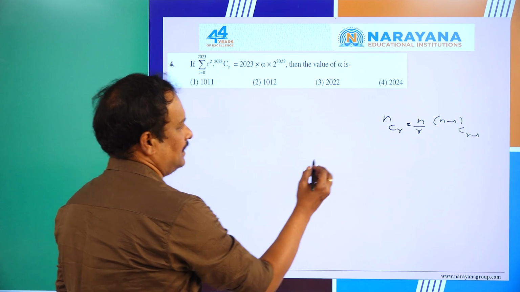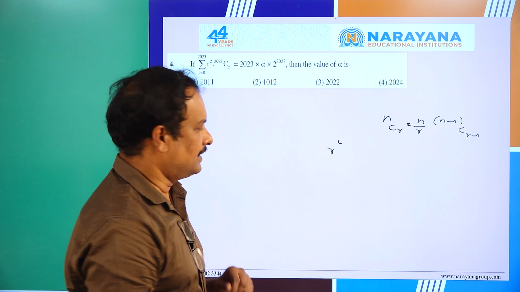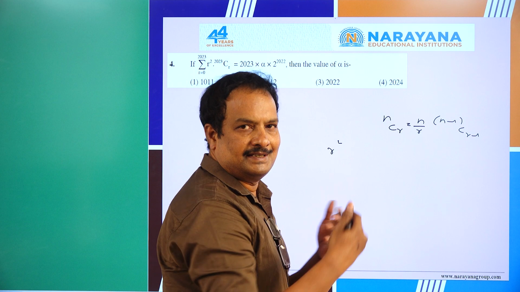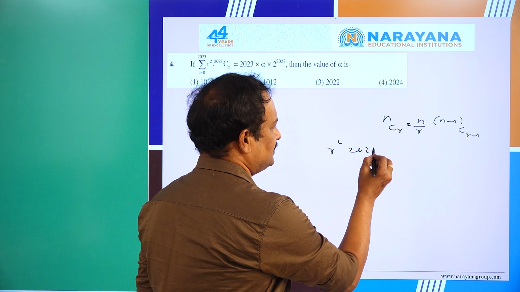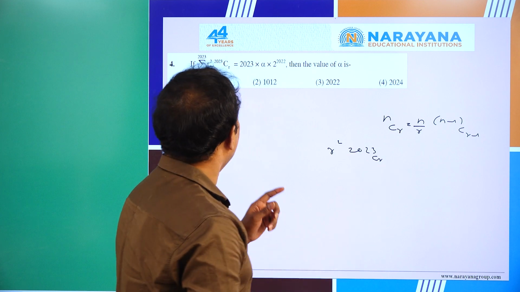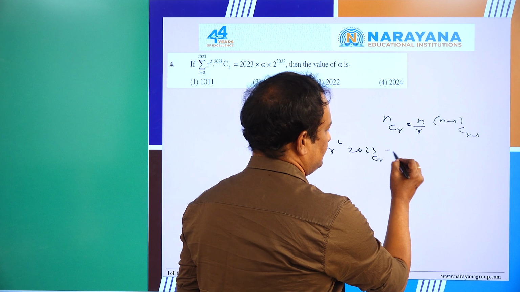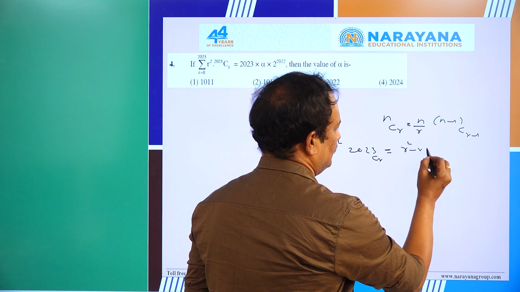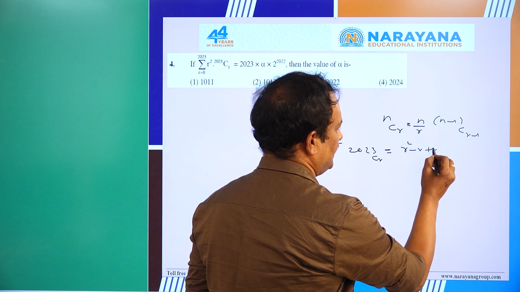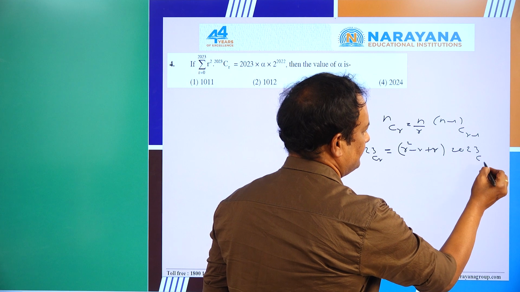So let us take this r square into 2023 CR. Otherwise you take it as NCR, of course, no problem. So in this case, 2023 CR, this is the given one, r square into 2023 CR. But I am now going to write this as r square minus r plus r, meaning we are adding and subtracting r there, into 2023 CR.